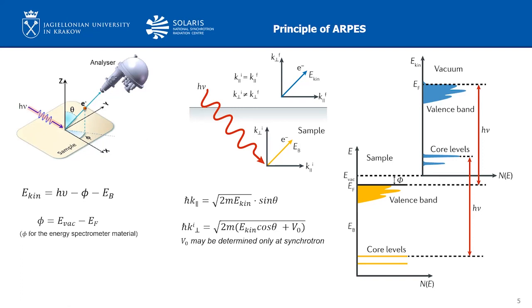Here K_F is the final and K_i is the initial, the parallel components with respect to the sample surface of the momenta of the photoelectron and the initial electron in the solid, respectively.